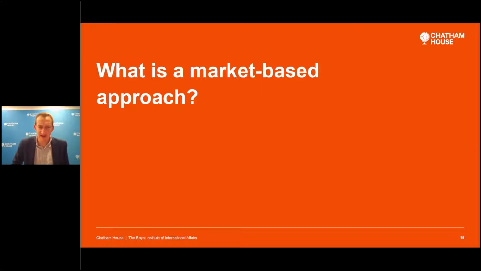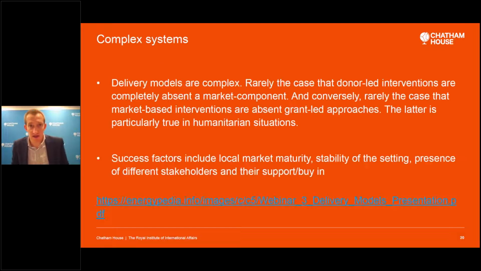If we could go to the next slide, Renisha. As Ivona has already outlined, these things are never completely black and white. Most procure-and-provide delivery models have a market component anyway. For example, when big humanitarian organizations issue an RFP for a given technology, they do so to a market.